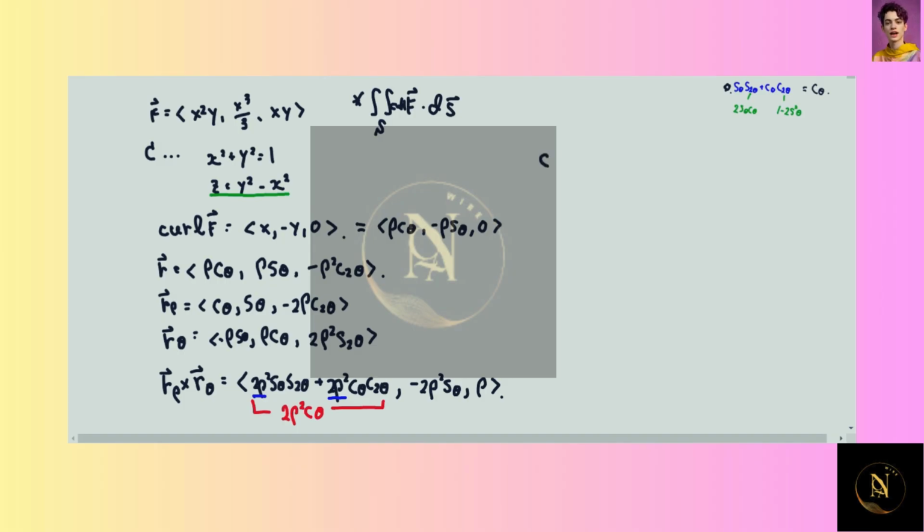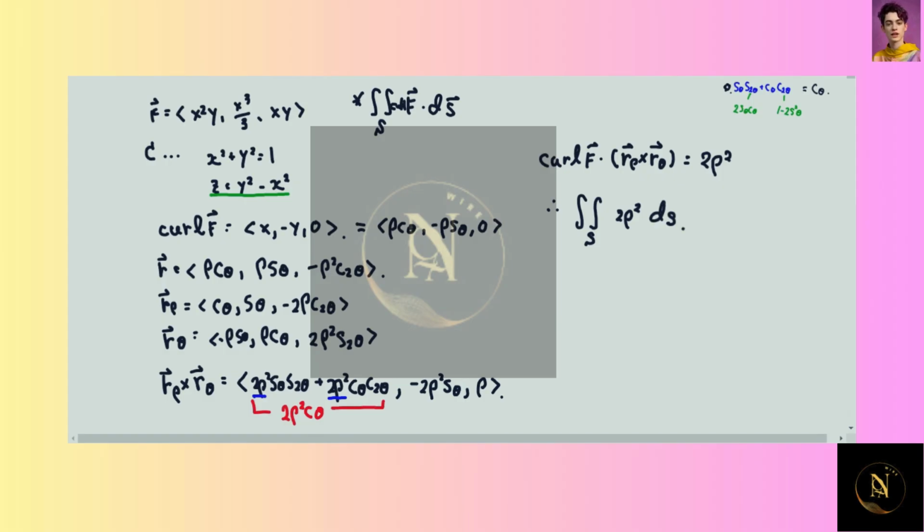Now when we take curl F dot the cross product, we will get 2 rho squared. So the expression that we're trying to evaluate is basically 2 rho squared through dS.